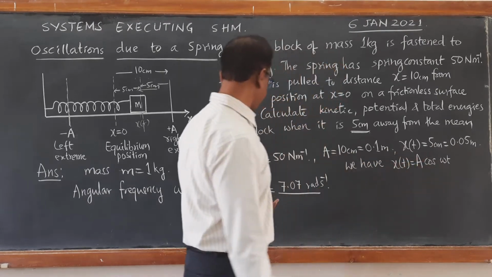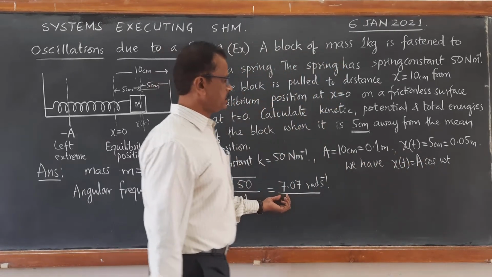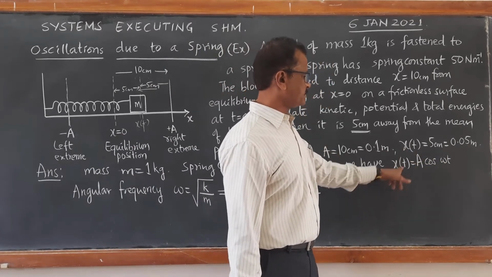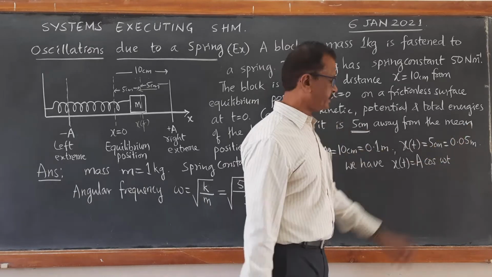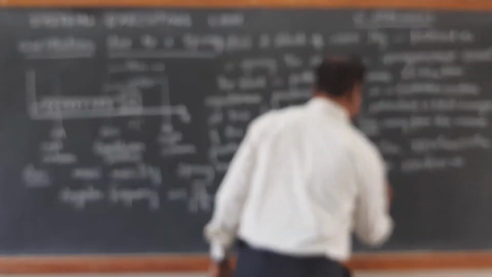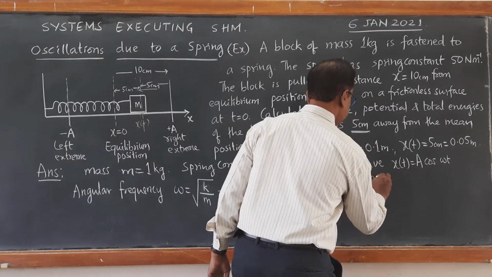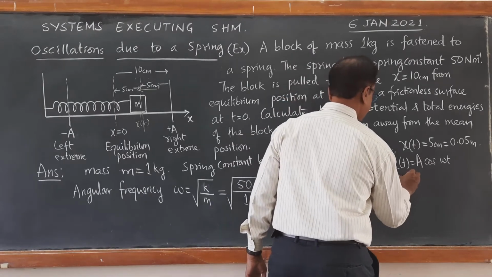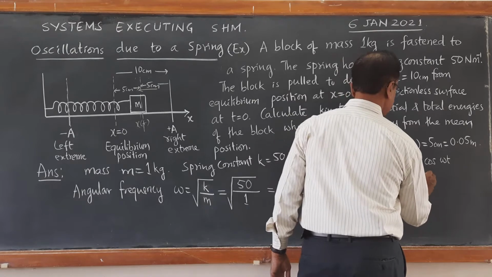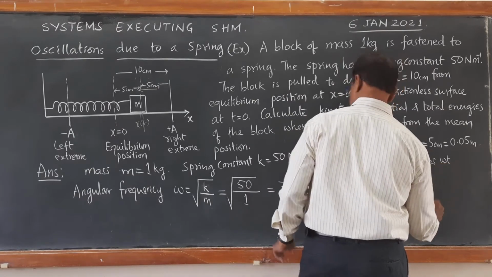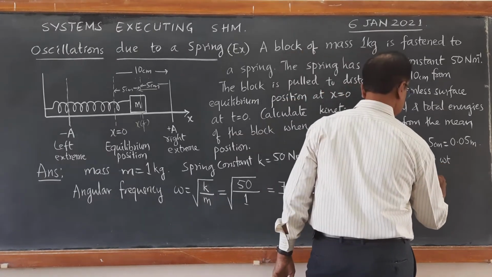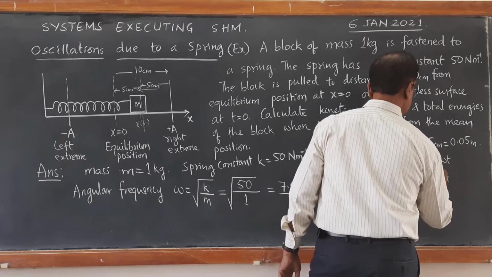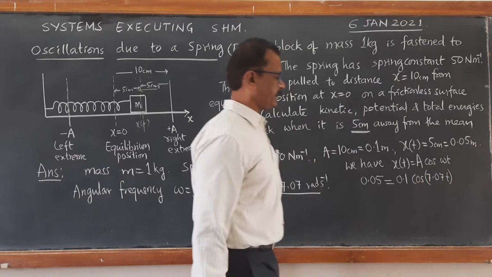Omega also is calculated, 7.07, and t we don't know, we will write it as it is. x of t is given as 0.05 meter. So just substitute this: 0.05 equal to 0.1 cos of 7.07 t.